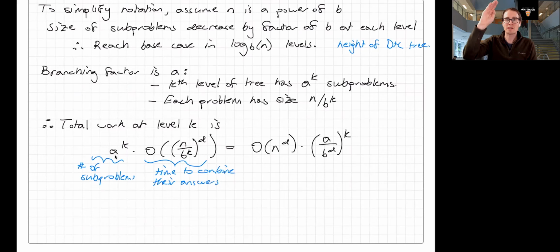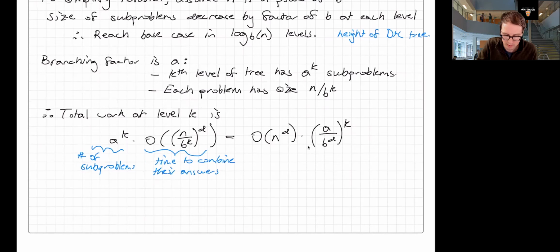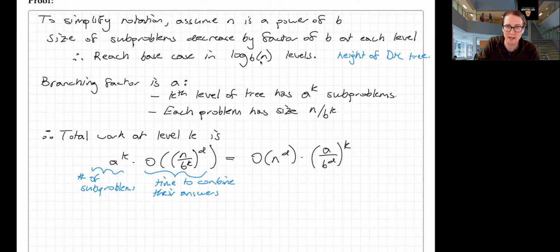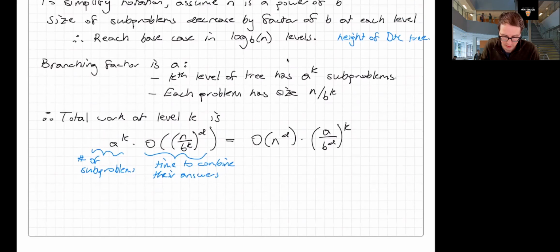Now I want to sum up the work. This is the amount of work I do in the kth level of the tree. So the total amount of work I do in the entire tree is just going to be summing this up over all k, over all the log base b of n levels in the tree.